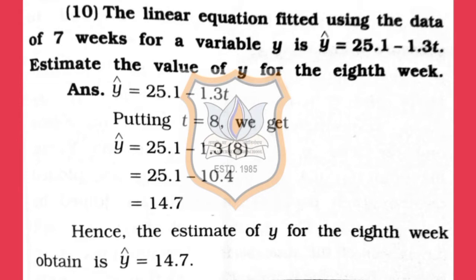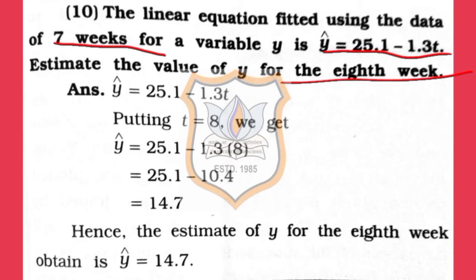Let's read the question. The linear equation fitted using the data of 7 weeks for a variable y is y equal to 25.1 minus 1.3t. Estimate the value of y for the 8th week.